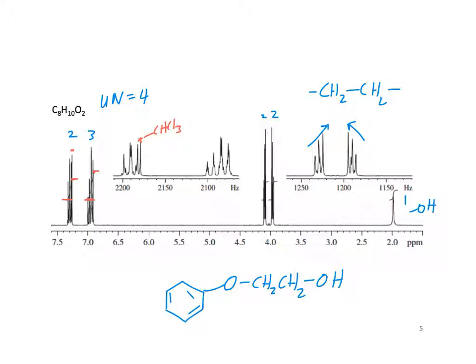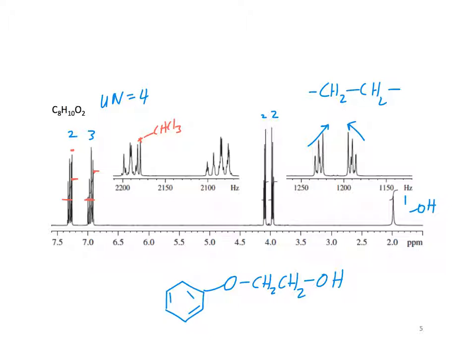Notice that both of those CH2s are very close in chemical shift, so it's likely they're connected to a similar type of functional group. And then what about the benzene region? Those look a little funky too, like maybe we have some magnetic non-equivalence going on.